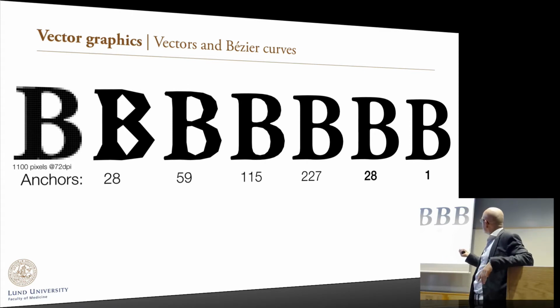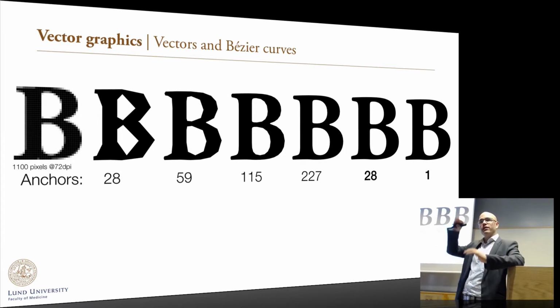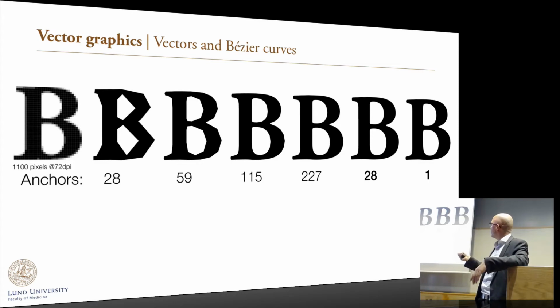Then we can get the same softness as this with only 28 points. So if you compare this to this, it's quite the dramatic difference. And the only difference between this one and this is that we can now describe how the curve is in between. That these are only straight lines.